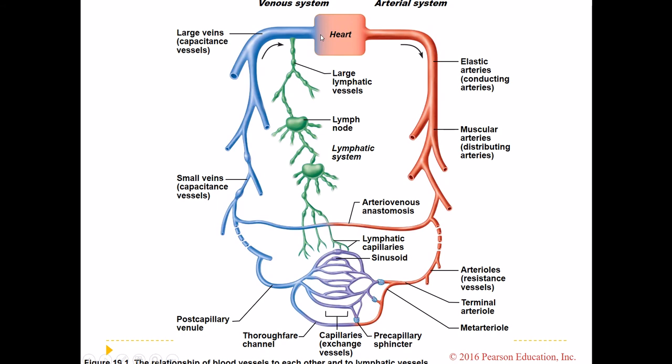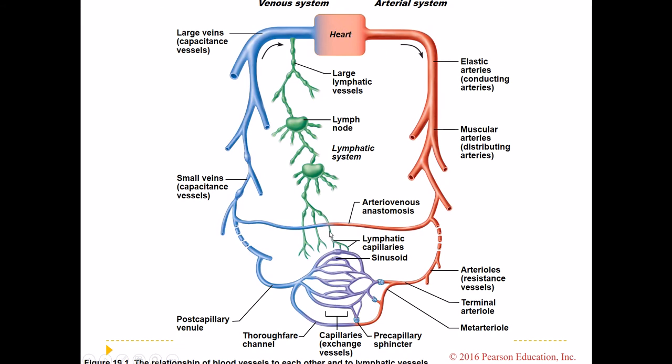In the pulmonary circuit, of course, it's flipped, where the pulmonary arteries are carrying deoxygenated blood and the pulmonary veins carrying oxygenated blood. But in the systemic circulation, the arteries are leading away and carrying oxygenated blood, and the veins are returning, carrying deoxygenated blood.